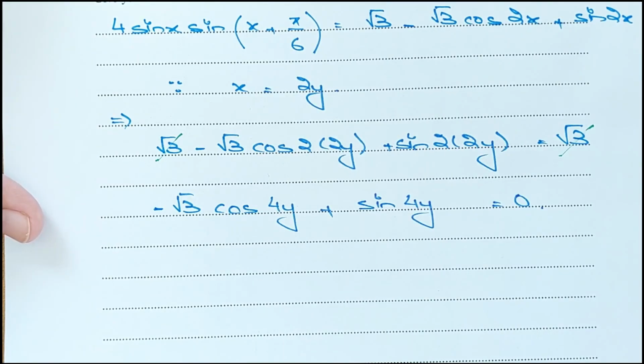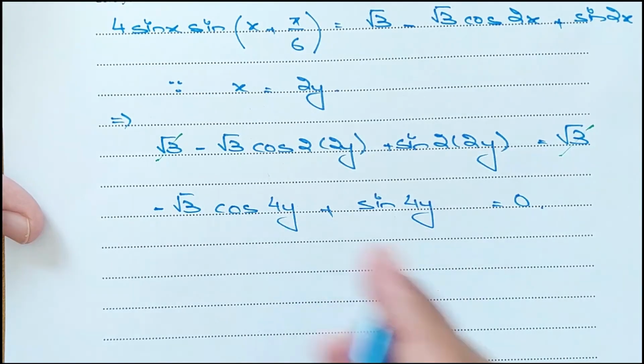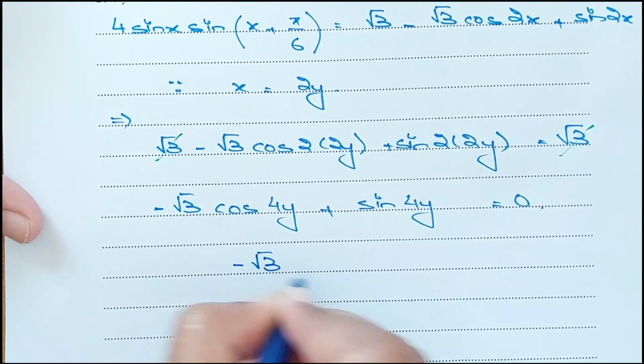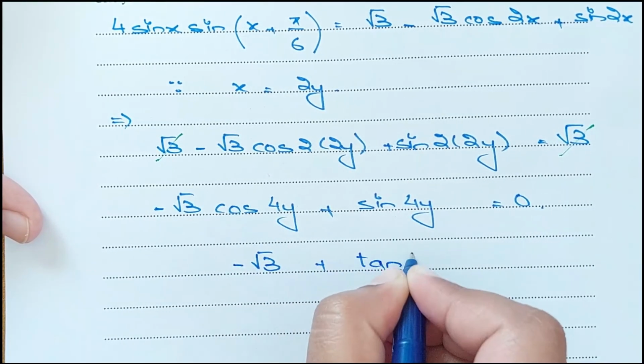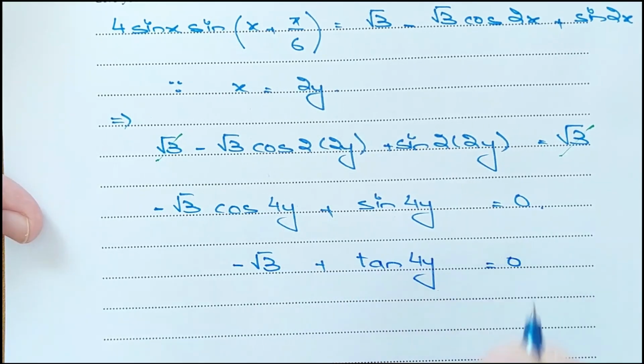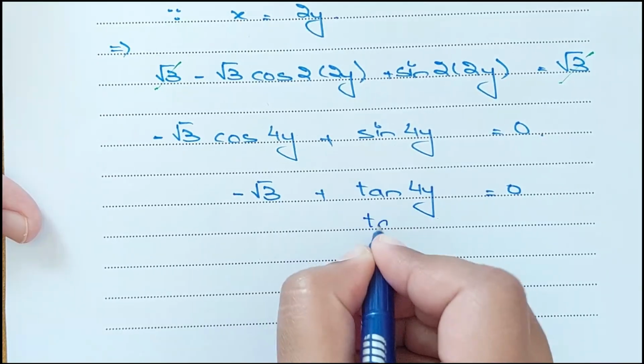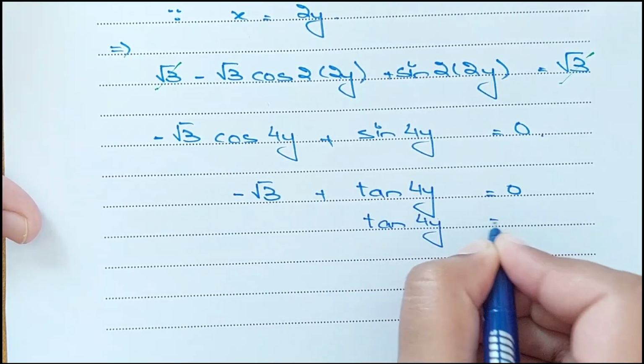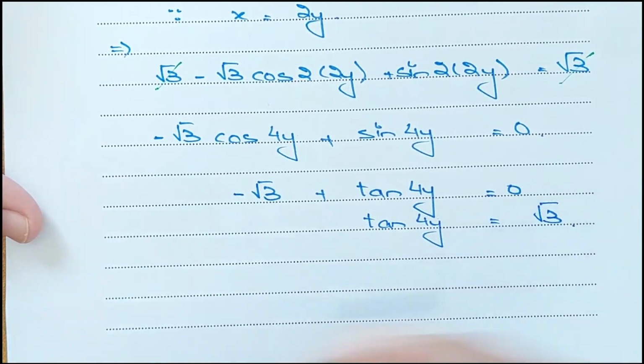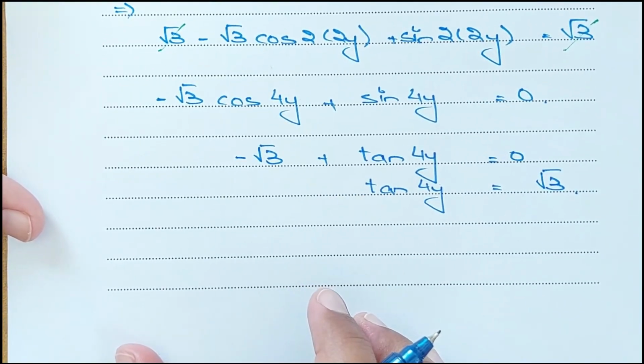So sine over cos we can make tangent, yes. If I divide by cos, so minus square root of 3 over here plus tan of 4y equals 0. Sine over cos is tan, cos over cos is just 1. So we can say tan 4y is equal to positive square root of 3. We have to find the exact value of y, right?